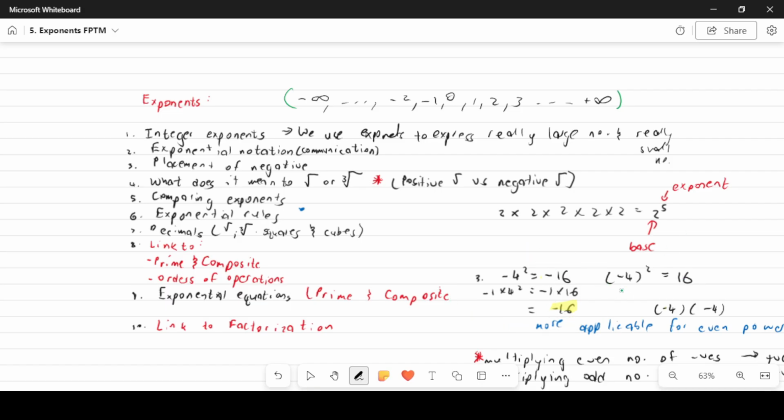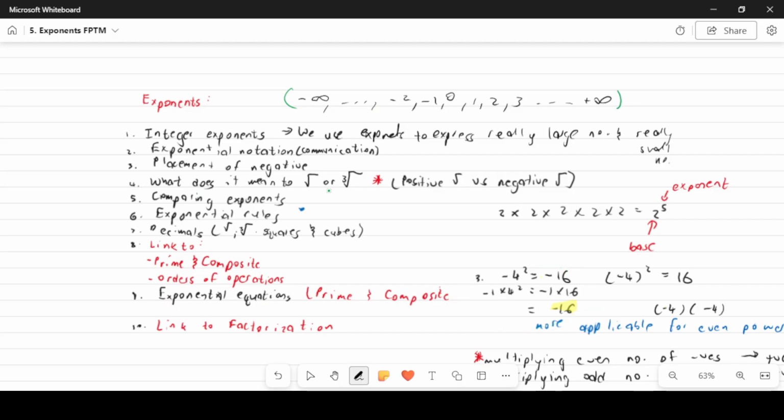And there's an instance where if the power is applied to the negative, then we have a positive. So that's very important, knowing where the negative sign is, right? If the power is applied to the negative itself, then you have a positive answer. If it is not applied to the negative, like this case here, then you have a negative answer.